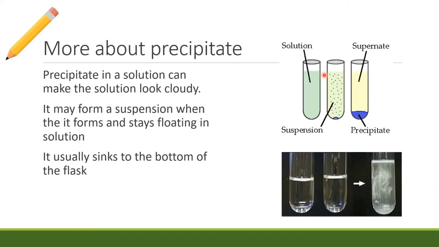Milk doesn't settle. It just has these floating solid particles that always float. But usually a precipitate will sink to the bottom over time, and you just get a white powder at the bottom, and that's called a precipitate.